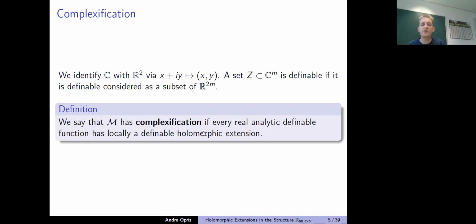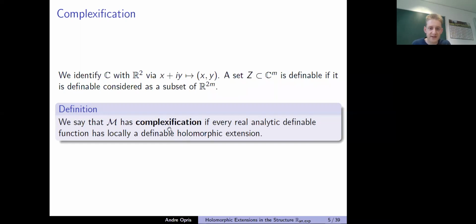And very important at this point is the definability, since if you would drop this requirement on the definability, then this definition would be superfluous, since then you have such a holomorphic extension anyway, simply by power series expansion. Okay, so this is not a trivial definition.